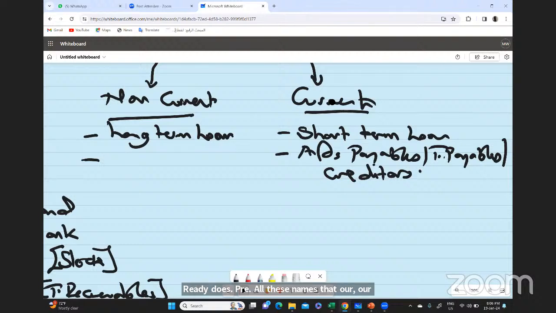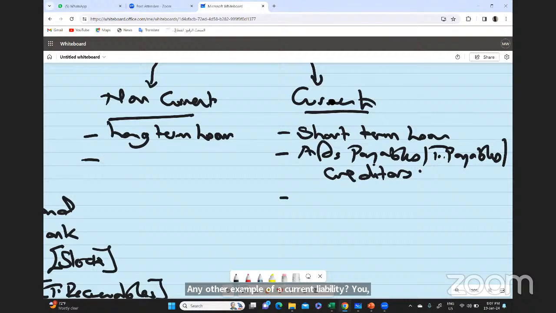Creditors, trade payables, accounts payables. Any other example? Short-term loan, we have it. Any other example of a current liability?